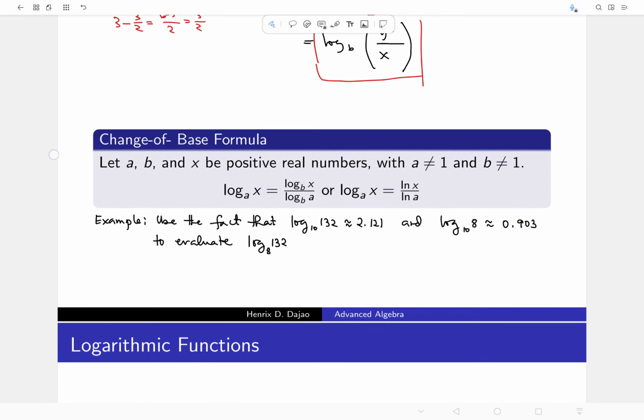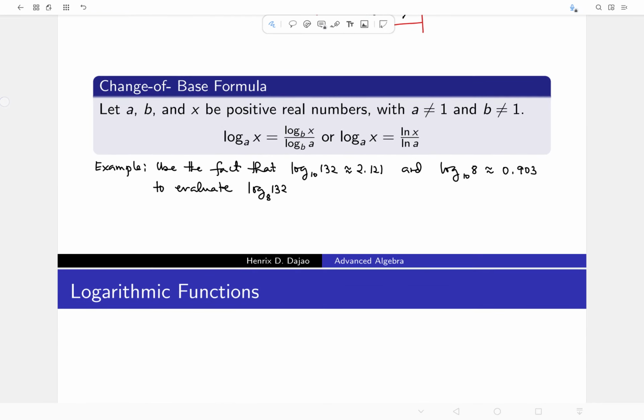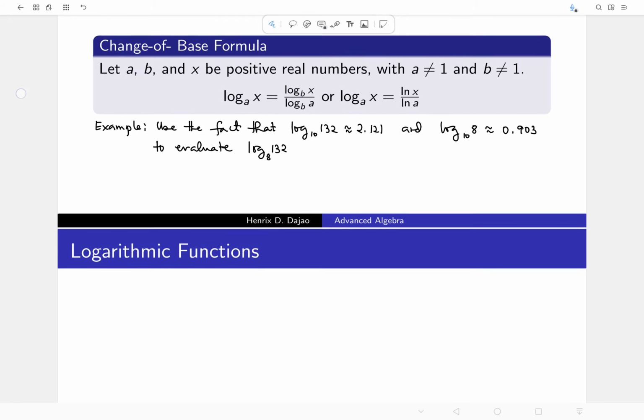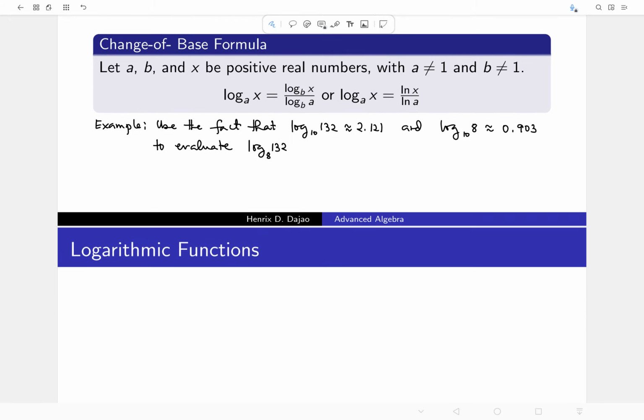Okay, the last topic will be the change of base formula. For the change of base formula, let a, b, and x be positive real numbers. So all of these numbers are assumed to be positive, so they must be greater than 0.